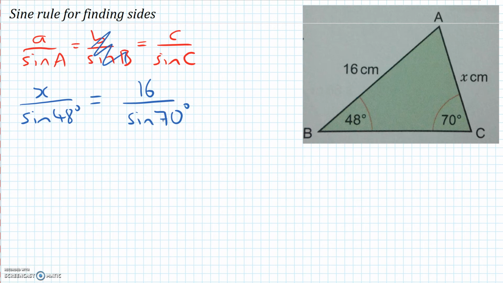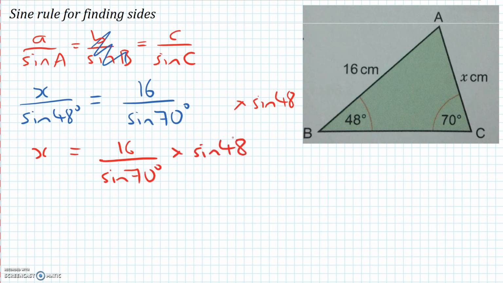We now need to do a bit of rearranging so that we've just got x on its own. If we multiply both sides by the sine of 48, then we can cancel sine 48 from this side, so we get left with x is equal to 16 over sine 70, times the sine of 48 degrees. Okay, so to find x, we just need to evaluate this expression.